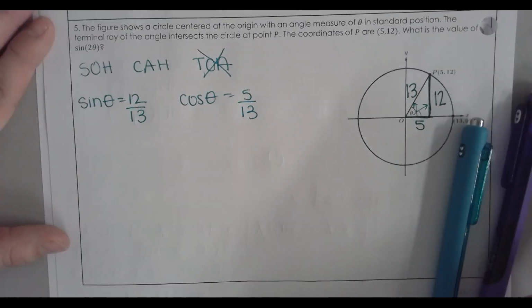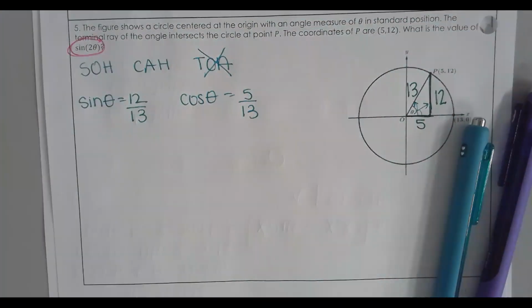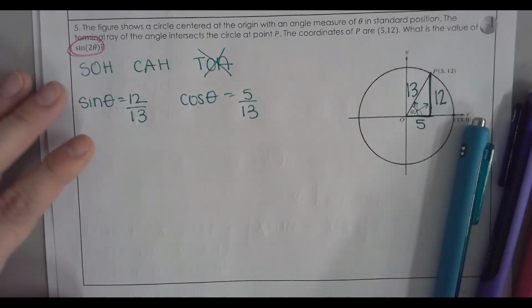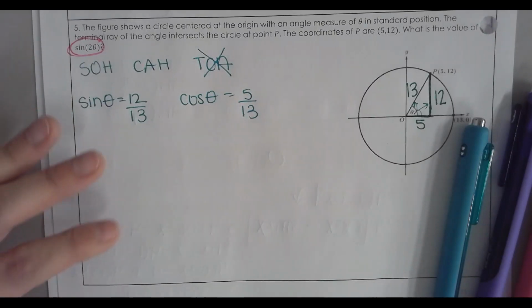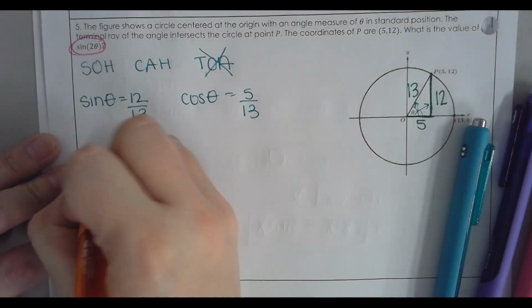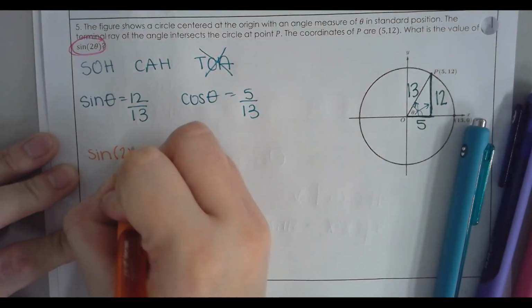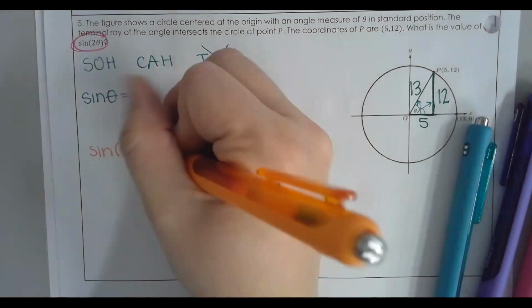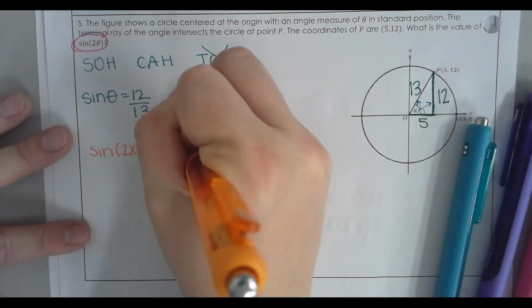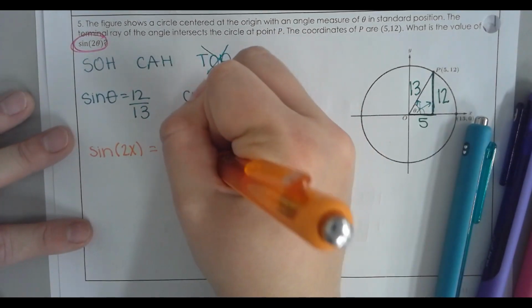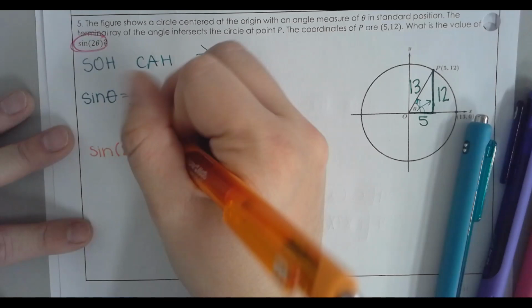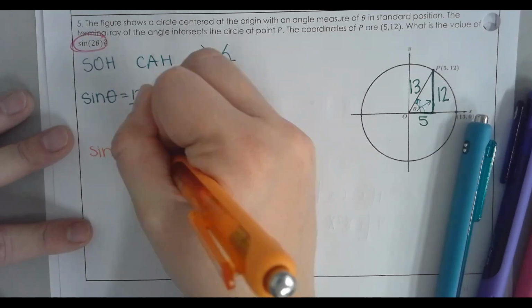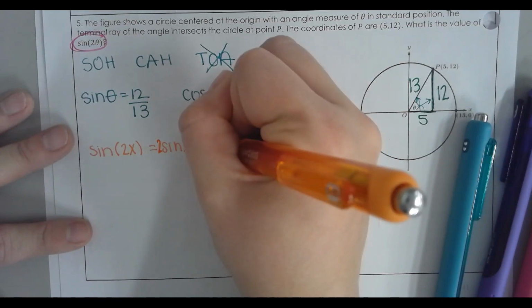Now the question is saying, what is sine of 2 theta? That's a trig identity. Sine of 2x is equal to 2 sine x cosine x.